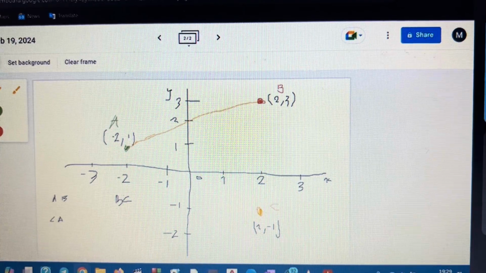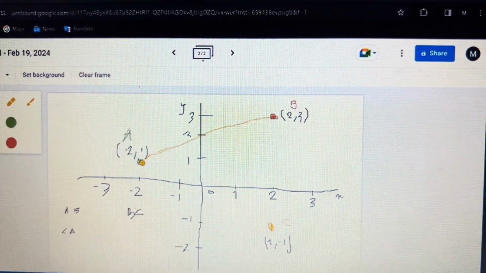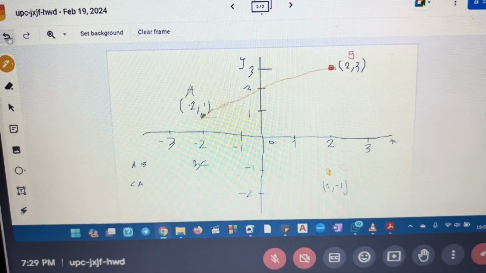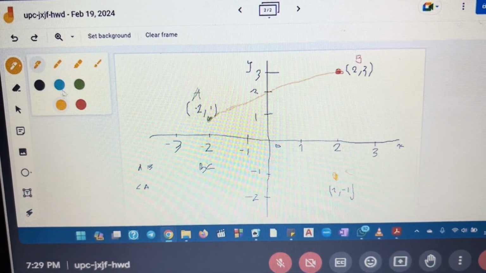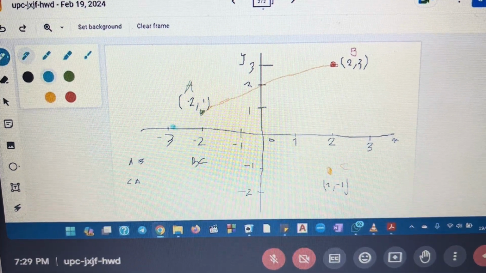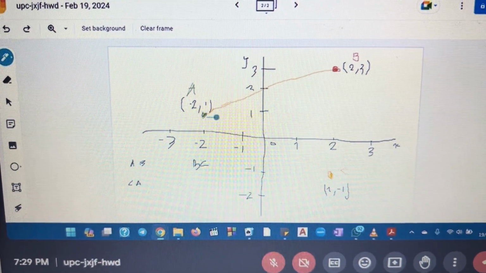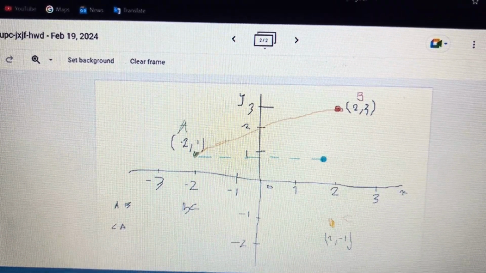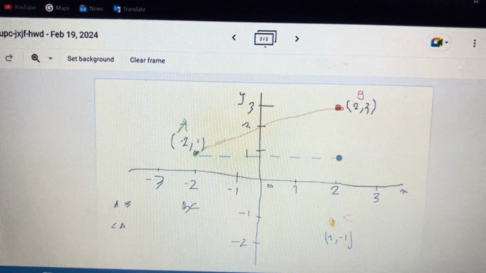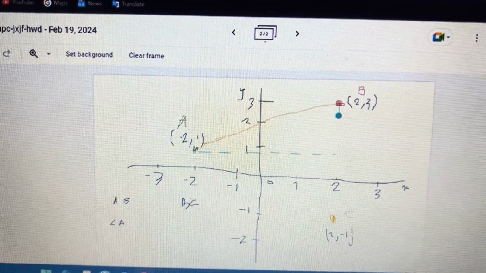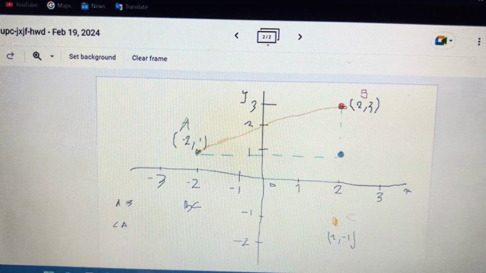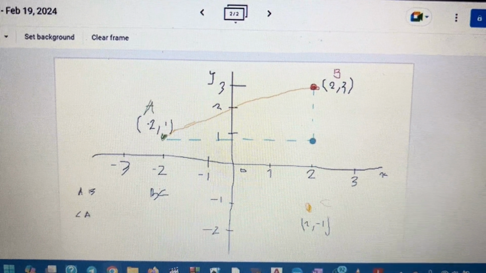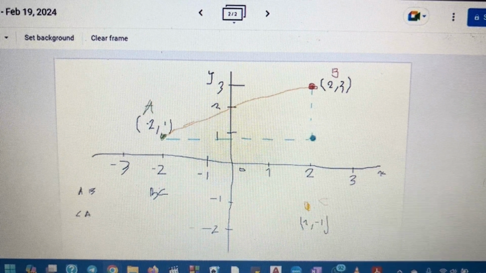So to help us visualize this, I'm going to create an imaginary triangle. So we have our triangle there, and then let's have our imaginary points somewhere there.